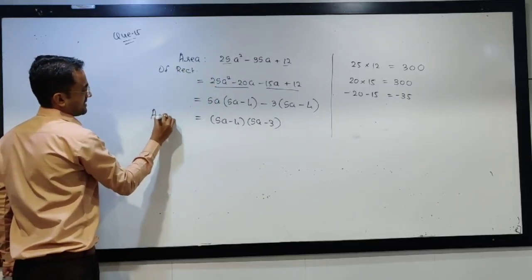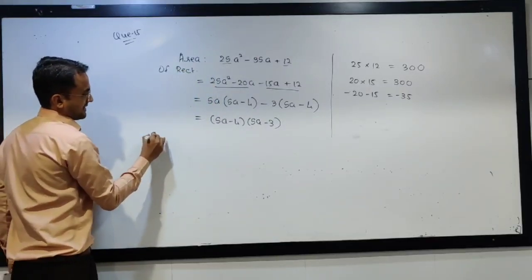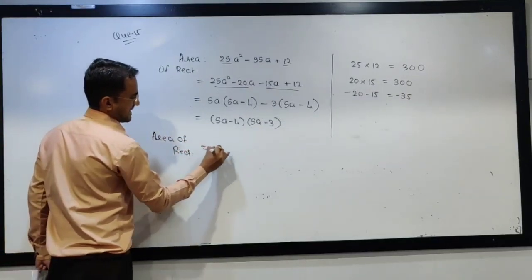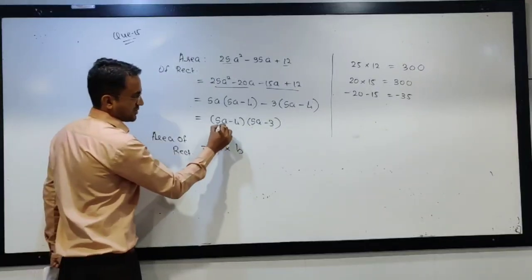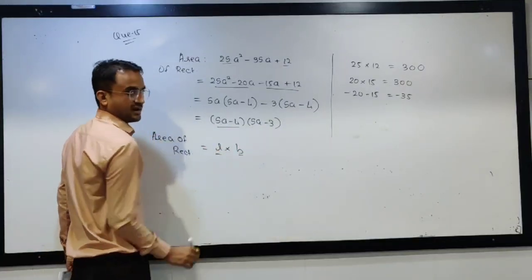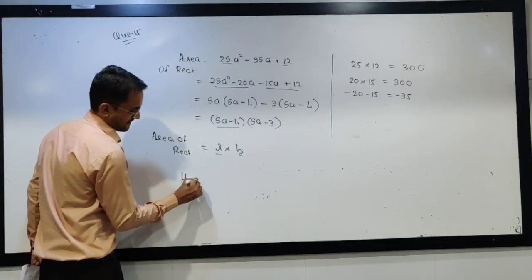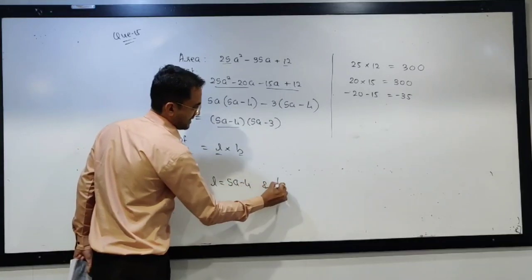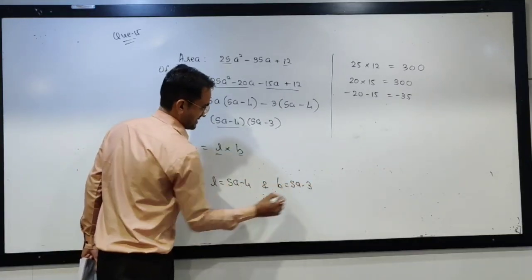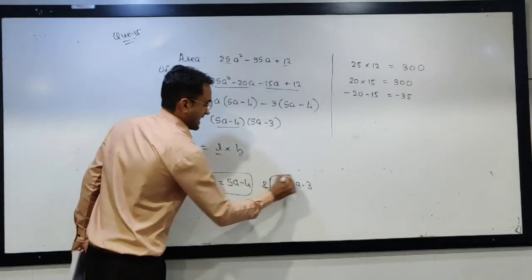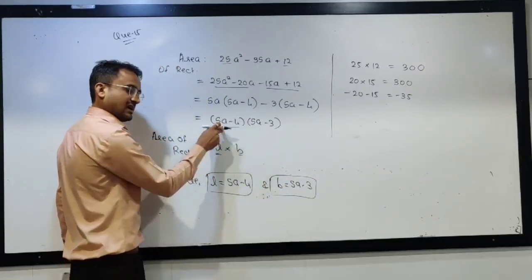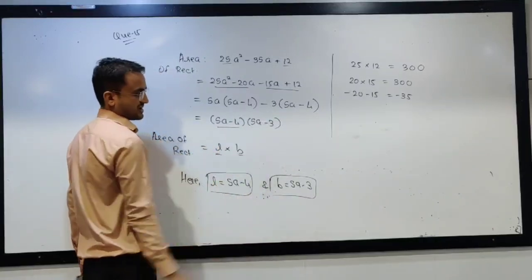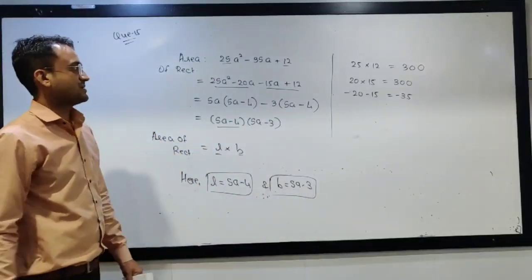So we know that the formula for area of rectangle is L into B. So this is your L, this is your B. So here L is equal to 5a minus 4 and B is equal to 5a minus 3. You can write L this, B this also. It is not that only this is L; you can call either one L and the other B, okay? So this way you can solve.